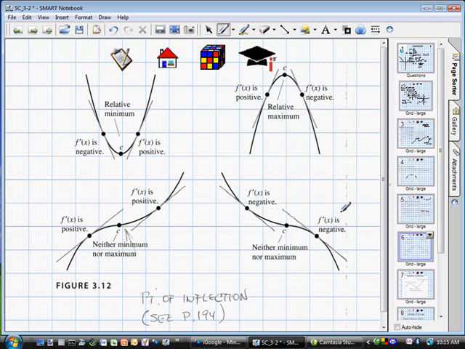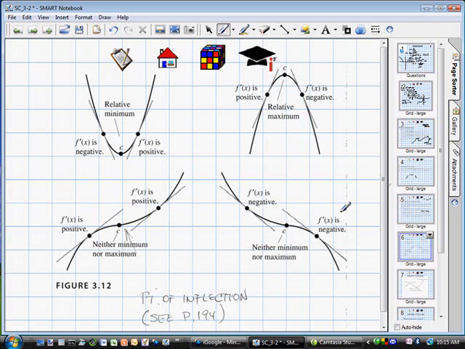By the way, I never told you this, but what do you think happens if you take the second derivative at one of these inflection points? I already told you what happens here. Second derivative here, positive, concave up. Second derivative at this point is going to be negative because it's concave down.